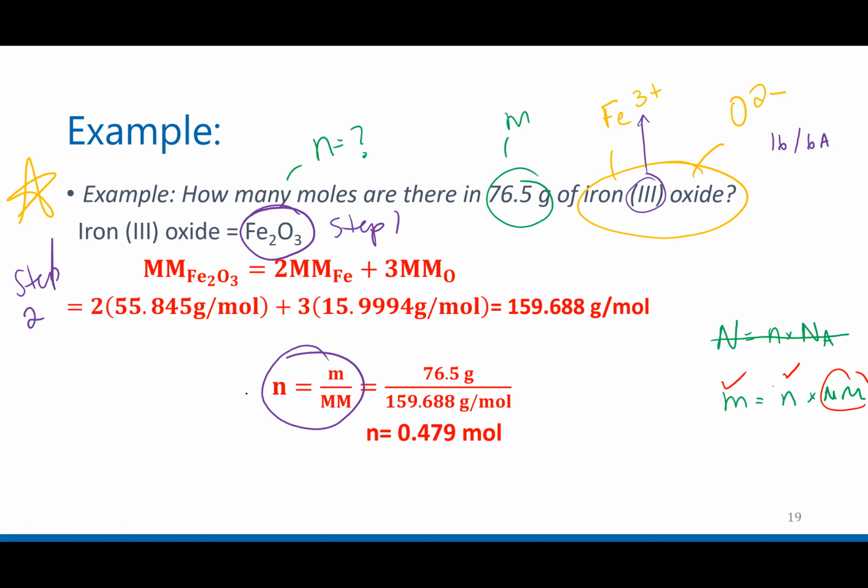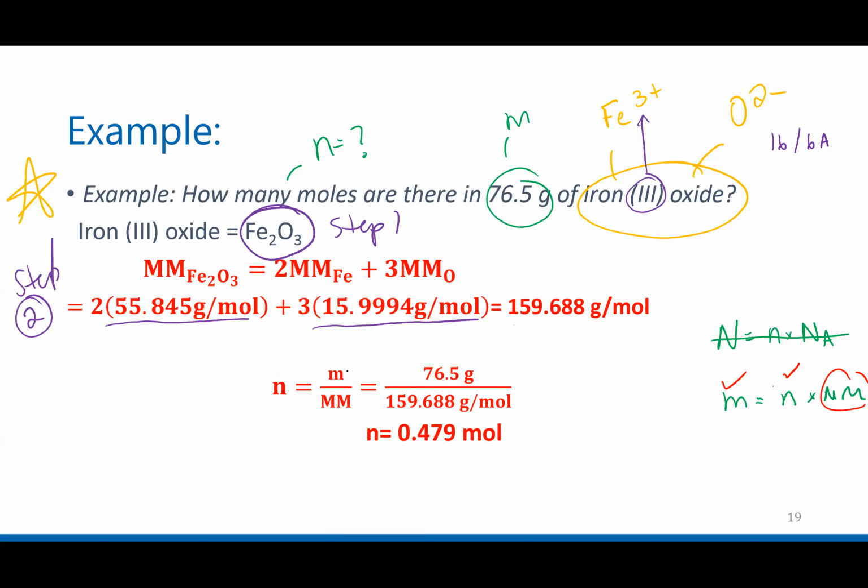So if I'm going to use that formula, step number 2 has to be to calculate the molar mass. So I add together 2 irons, 3 oxygens, and I get my molar mass. So the molar mass of iron 3 oxide would be 159.688.